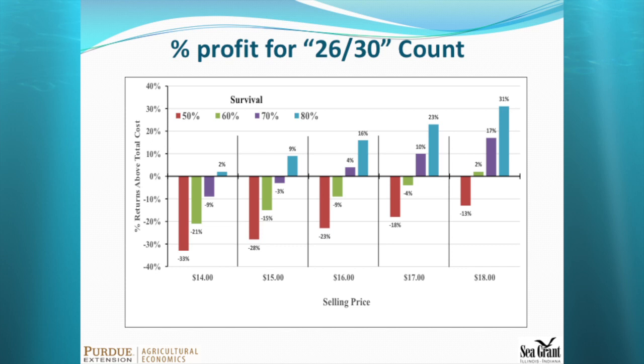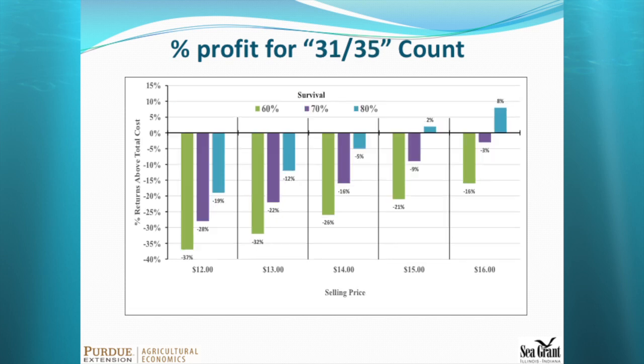By going a little bit longer, you gain more benefit. And this is even a higher count. So very small shrimp, even with relatively high price, you can see it's mostly negatives because you are going to get less price for those shrimp than a bigger animal.